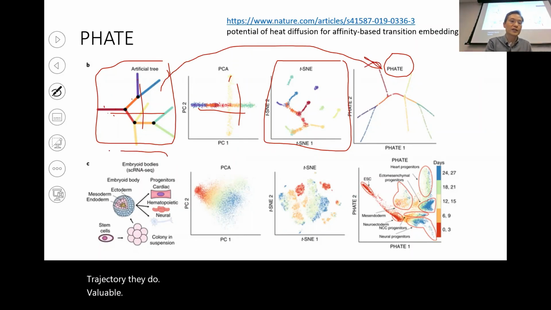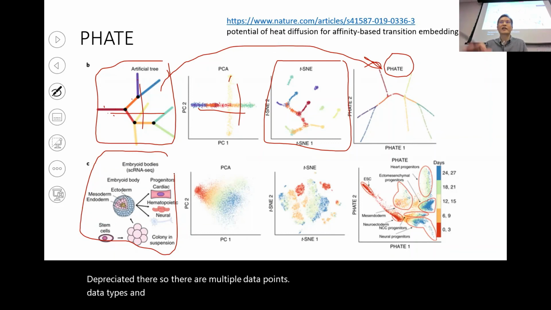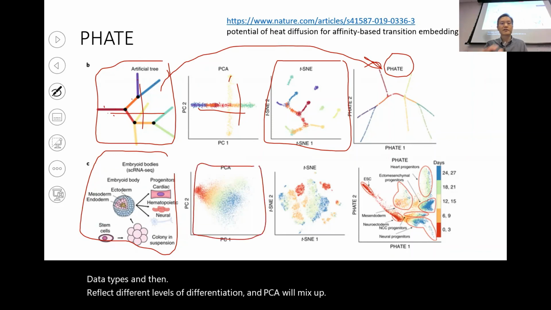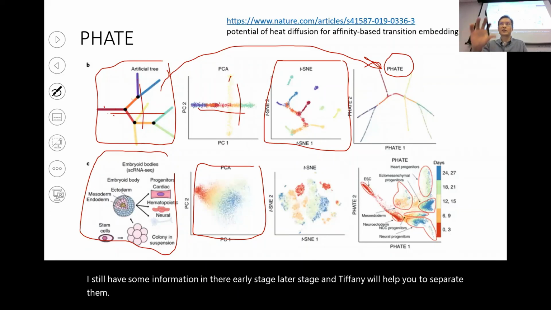Then they use real data. Here is embryo and differentiated data. So there are multiple data types, and they reflect different levels of differentiation. And the PCA will mix up, still has some information in there. You have an early stage, later stage, and the T-SNE will help you to separate them into different clusters.